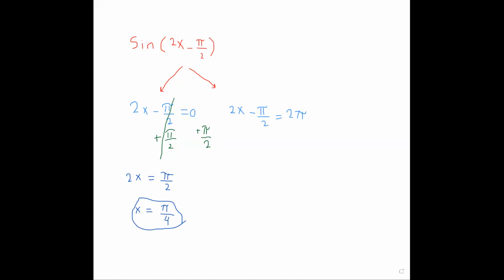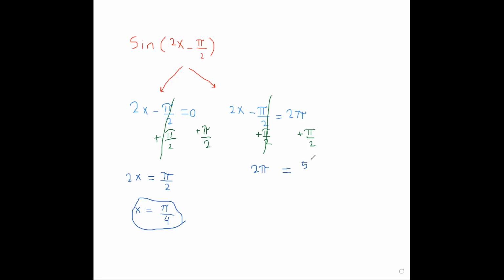The same for this equation. First, we add pi over 2 to both sides to get rid of the constant. Pi over 2 plus pi over 2. Very well. So we can cancel out pi over 2 and negative pi over 2. What are we going to have? We're going to have 2x equals 5 pi over 2.